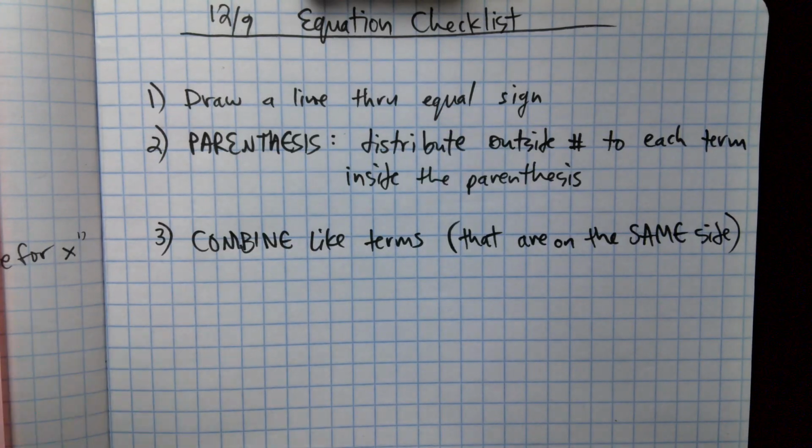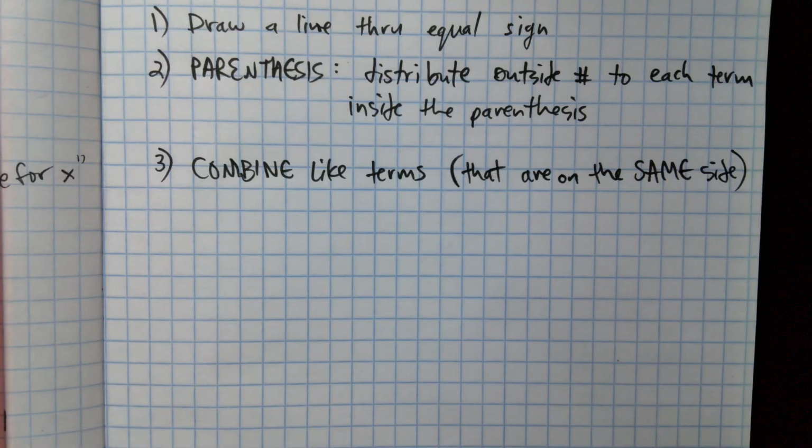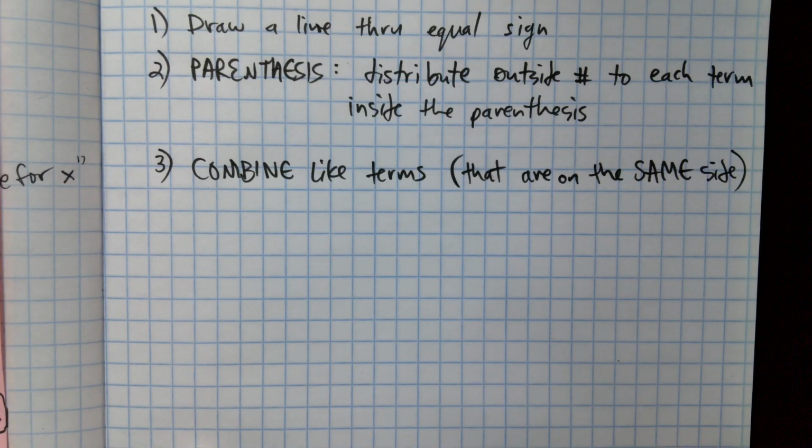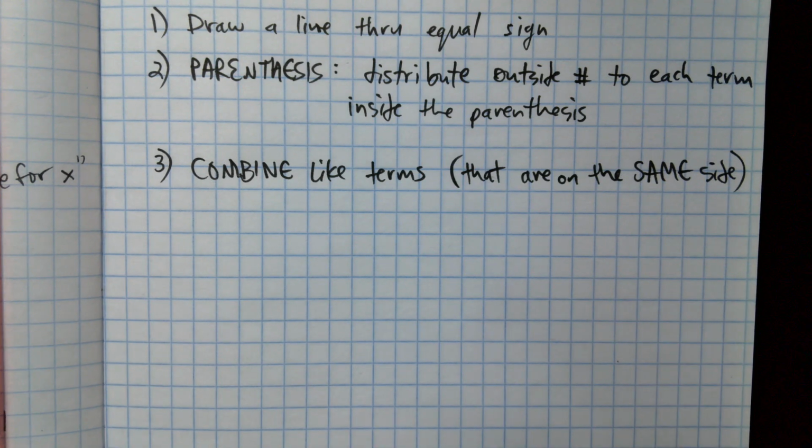More specifically, we got to combine like terms that are on the same side. Another reason why step 1 is drawing our little fence down the equal sign. So I know what's my left side, what's my right side. I can only combine like terms that are both on the left, or only combine like terms that are both on the right, right?